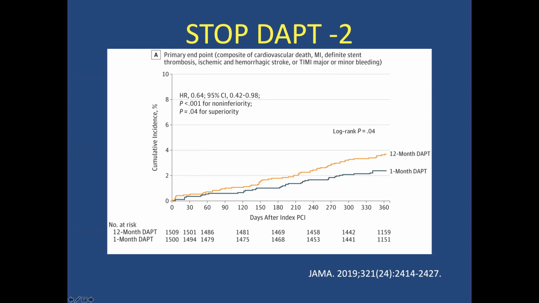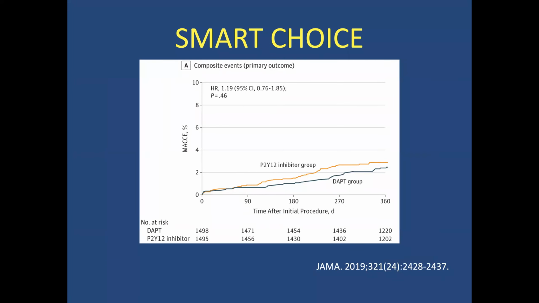So in those patients who are at increased ischemic risk based on their presentation, the use of clopidogrel alone may not be best. But in those patients who are lower ischemic risk and higher bleeding risk, the use of 1 month of DAPT followed by clopidogrel in the trial here could be beneficial.